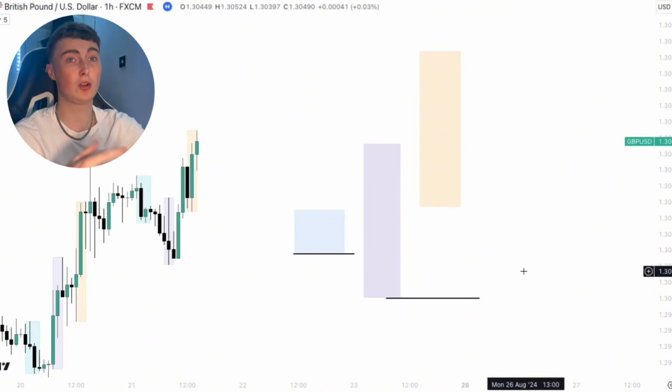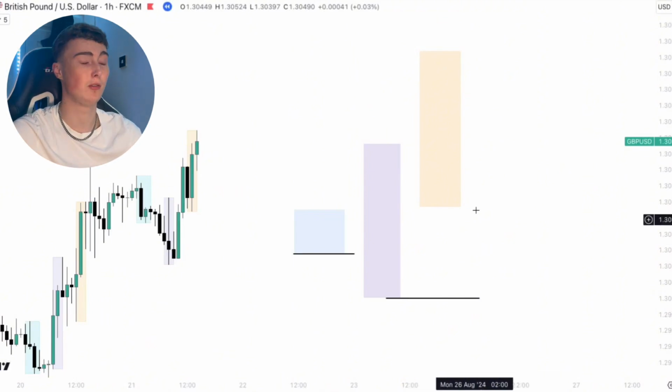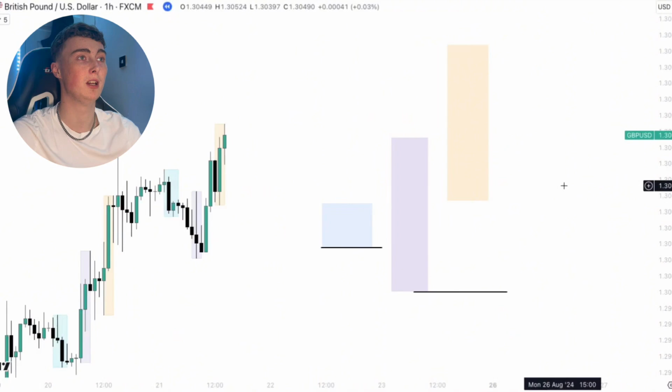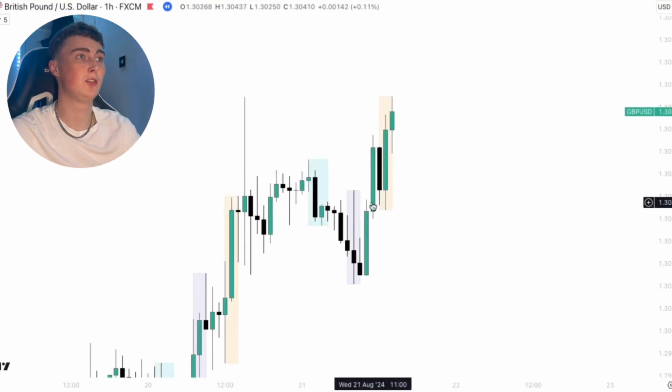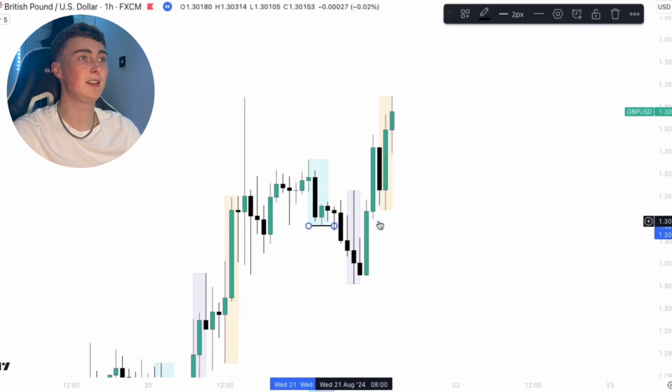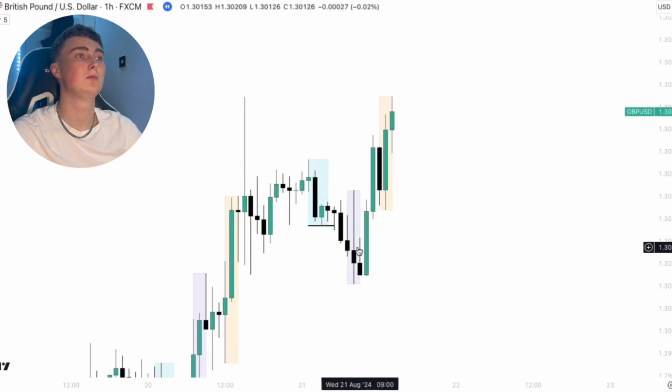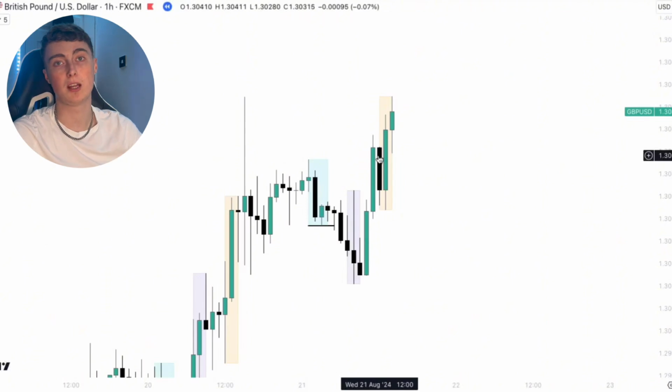I understand that there's an extremely high probability framework already on my side. If you don't believe me, you should go and backtest this framework yourself, right? This cycle plays out all the time. As you may notice, we have the perfect example of it here. So you can see London takes out Asia's low, and then we get an expansion to the upside.